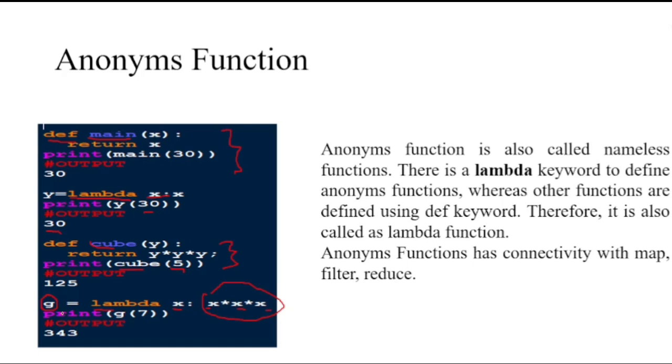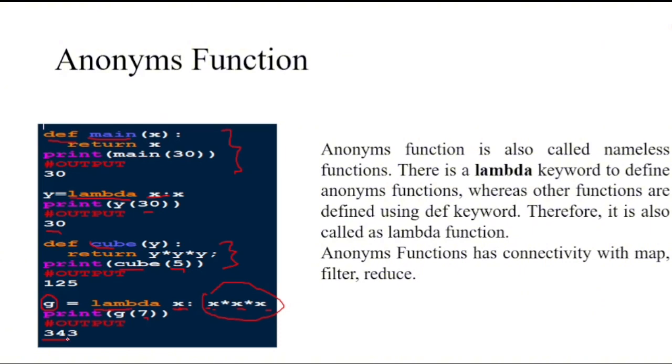So we have g as our function name, lambda as the keyword for the anonymous function, and x as the parameter. We have a value 7 stored in x, so x is 7 times 7 times 7, which gives us 343. That is how we use the anonymous function.